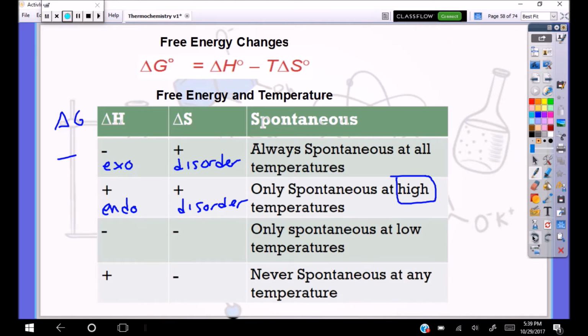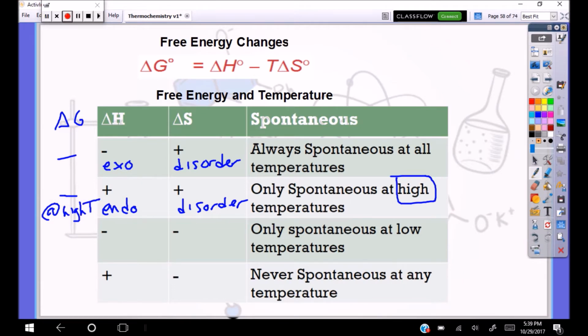So you can have something that absorbs a lot of energy, but if the amount of disorder it's creating at those higher temperatures is greater, then it's going to overpower that amount of energy it needs to absorb, and then delta G will become negative in that case. So negative at high T.